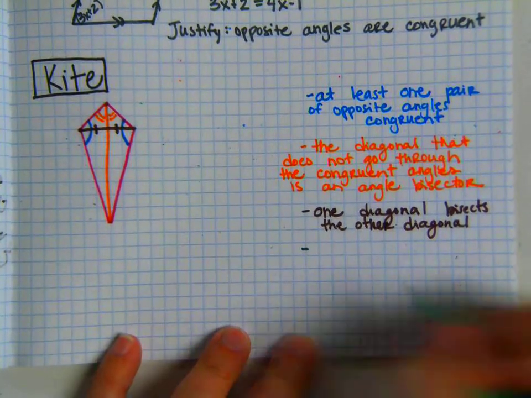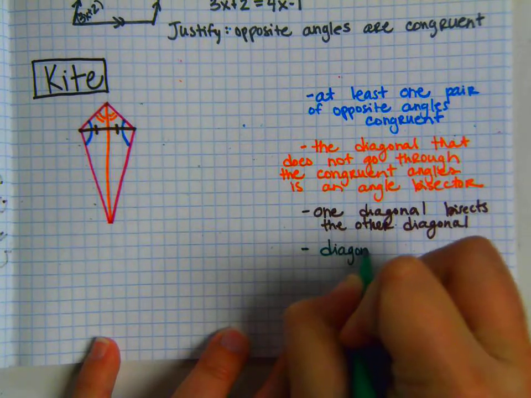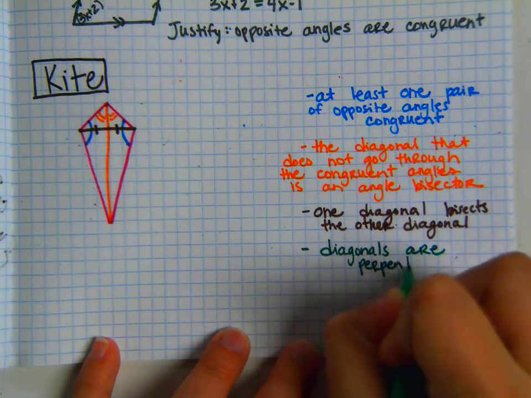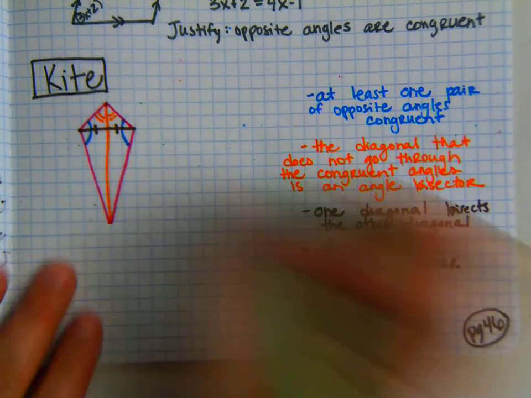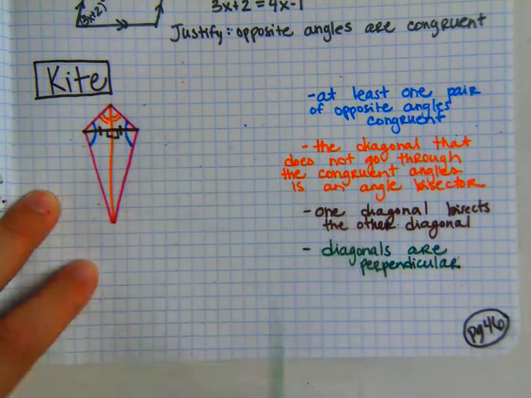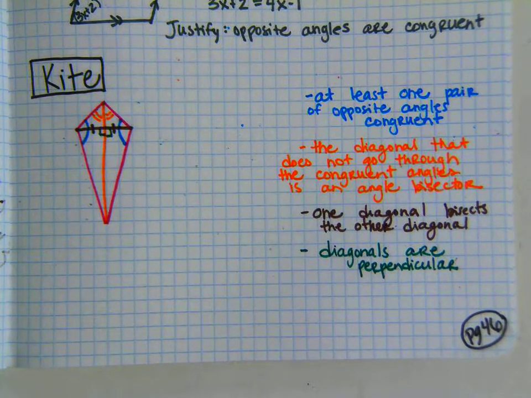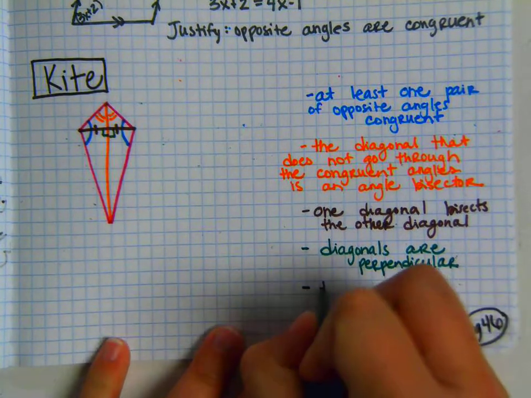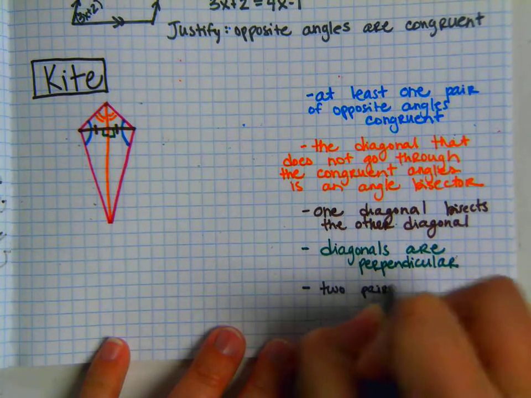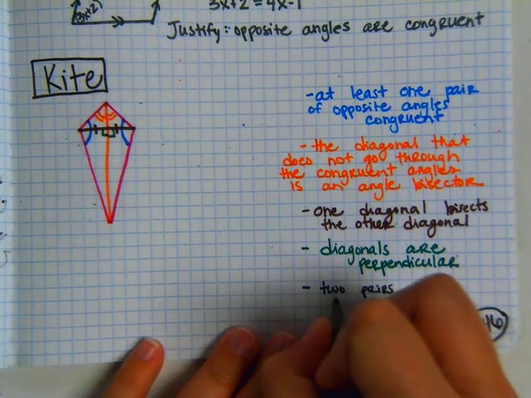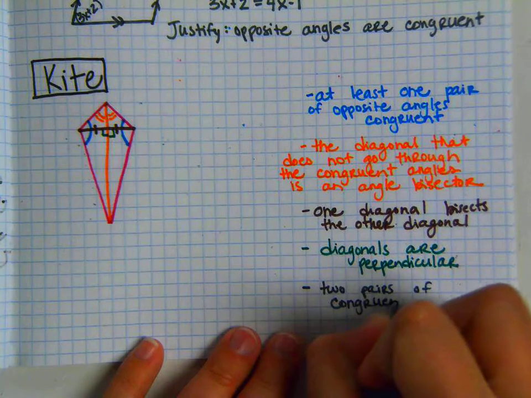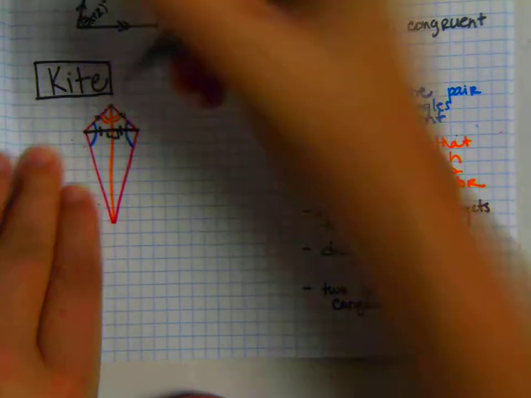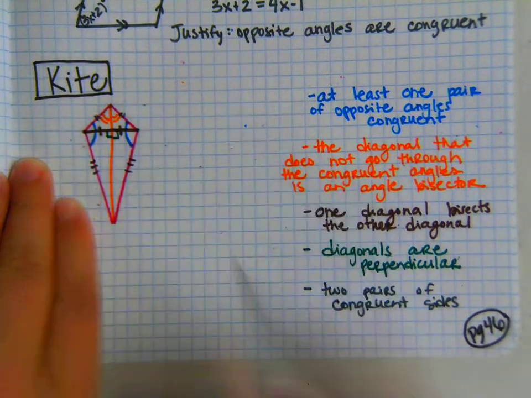Another property about diagonals, the diagonals are perpendicular. So that means these are right angles right there. They're perpendicular. And then the last property is it has two pairs of congruent sides. So that means these sides are congruent and these sides are congruent.